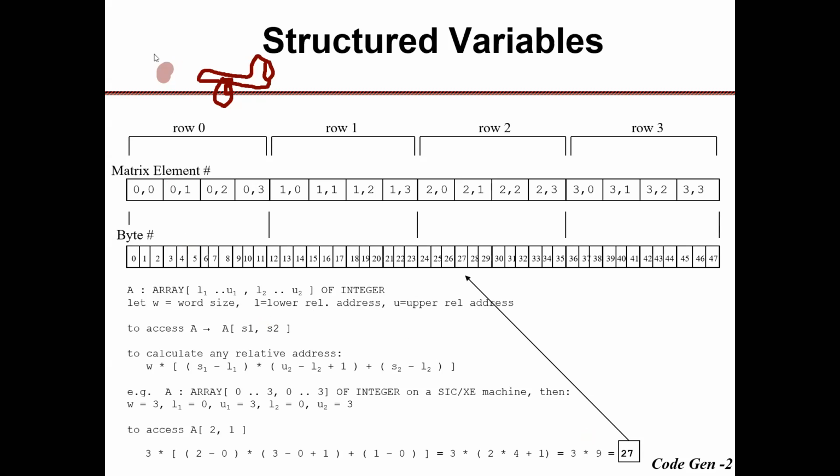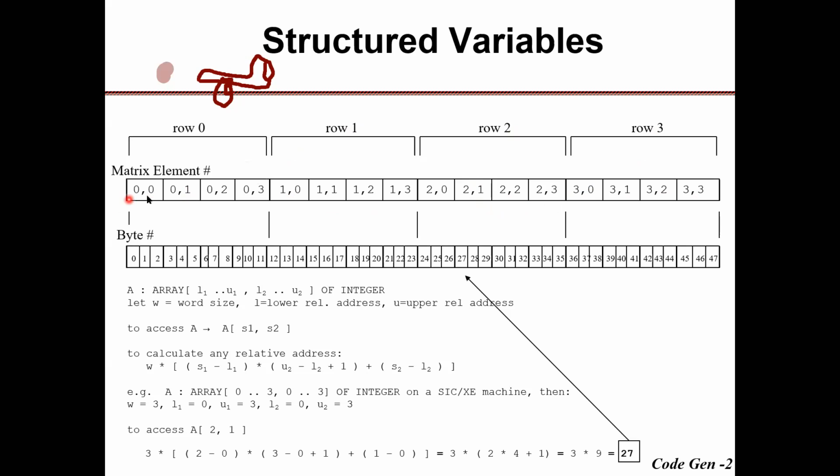So what I did is I took this 4x4 matrix and I calculated the 4 rows, and then each row has 4 columns. So we have row 0, column 0, column 1, column 2, column 3, row 1, column 0, column 1, column 2, column 3, row 2, column 0, column 1, column 2, column 3, and row 3, column 0, column 1, column 2, column 3.